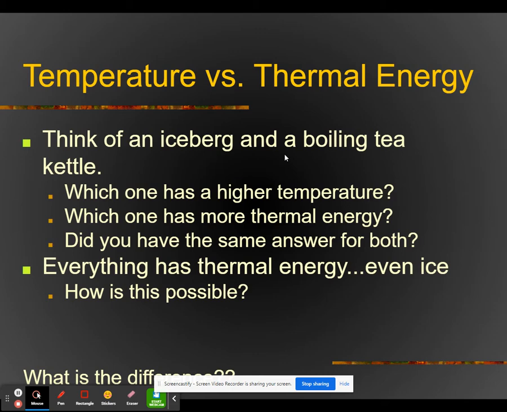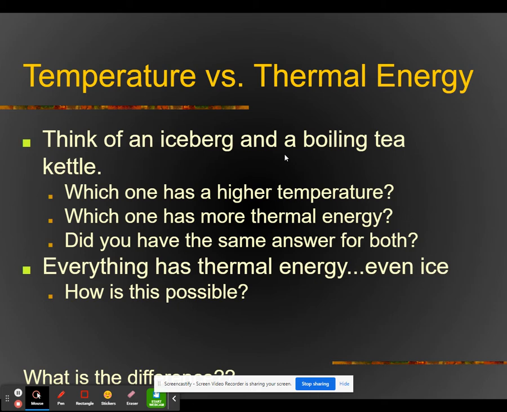Second question. Between the iceberg and the tea kettle, which one has more thermal energy? Okay, now follow up. Did you have the same answer for both of those questions? I know this is kind of rhetorical.